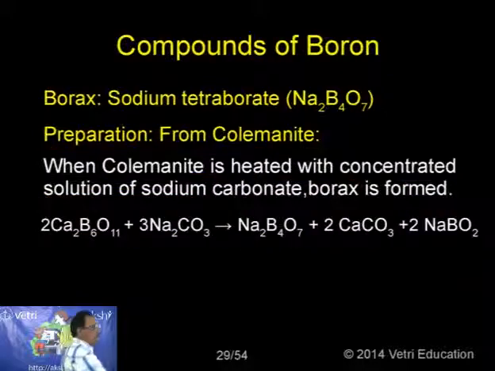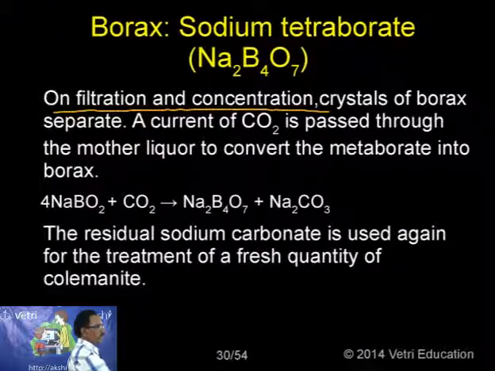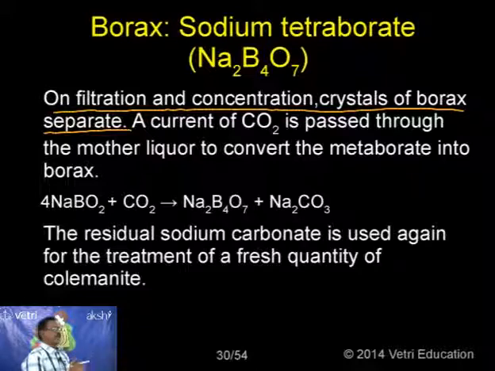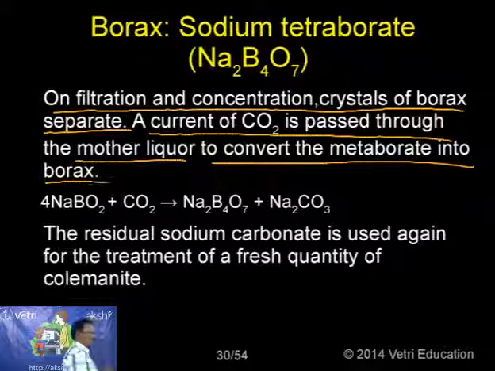This metaborate again we have to convert into borax. On filtration and concentration, crystals of borax separate. Then a current of carbon dioxide is passed through the remaining mother liquor to convert the metaborate into borax.